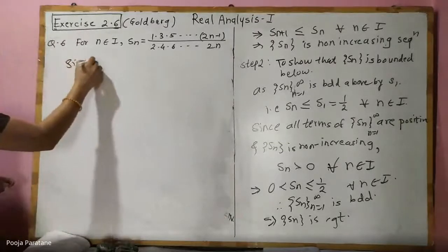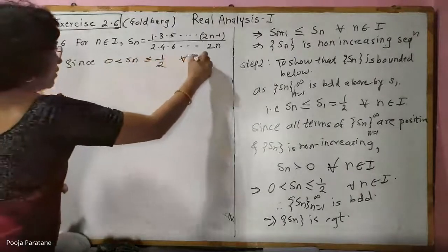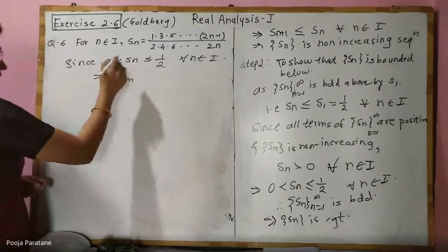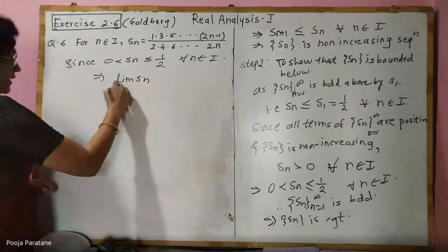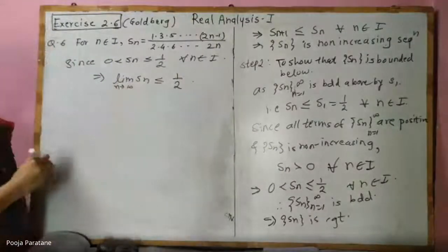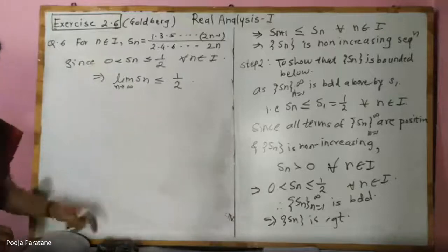Since 0 is less than Sn, and Sn is less than or equal to 1 upon 2 for all n belongs to I, taking limit throughout, the limit of Sn as n tends to infinity is less than or equal to 1 upon 2. And hence the proof of this example.